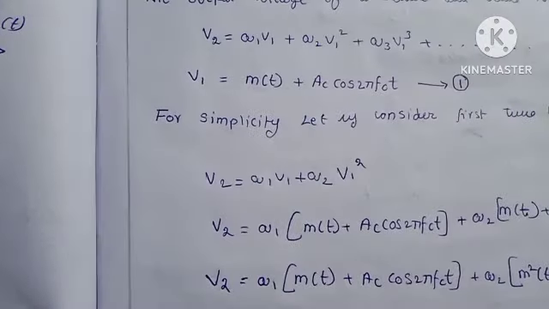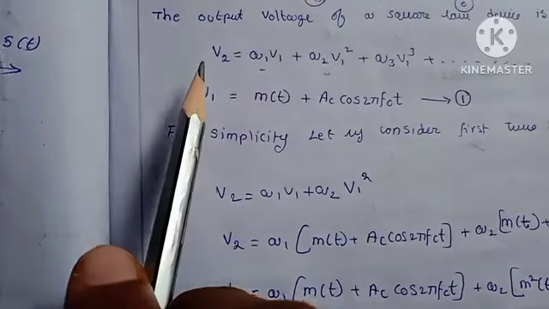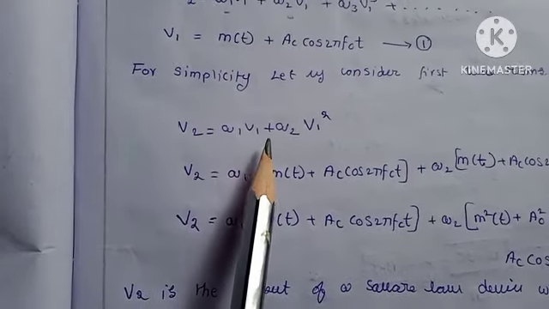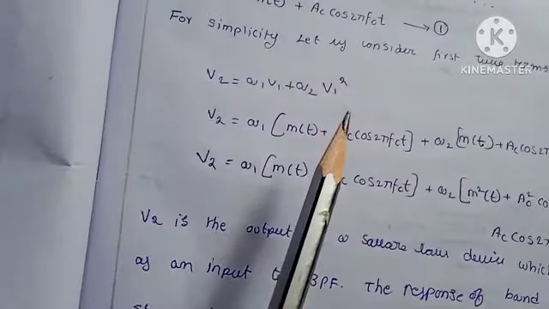For simplification, let us consider only the first two parts in V2. So V2 equals A1 V1 plus A2 V1 square.